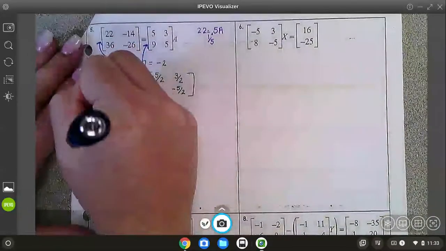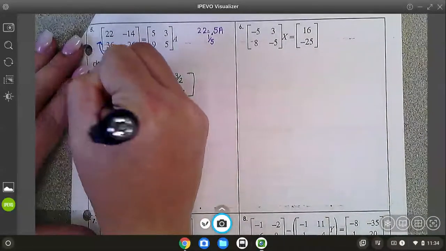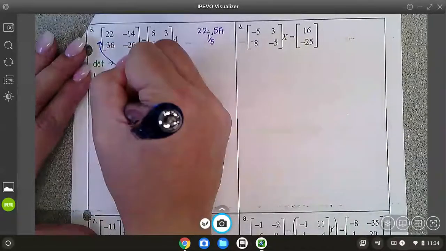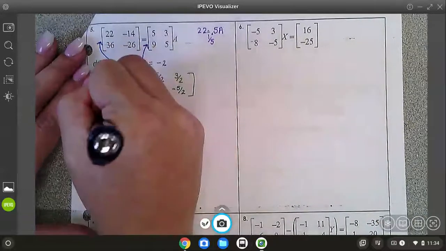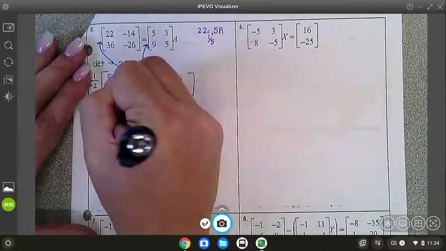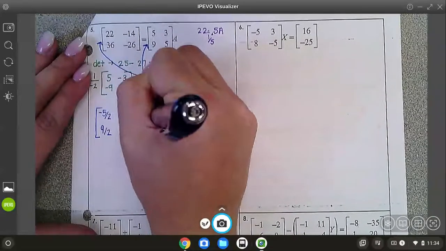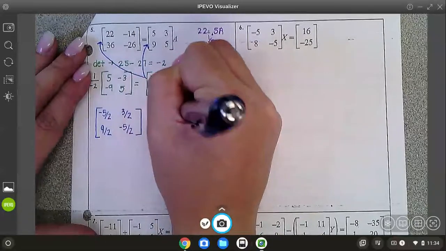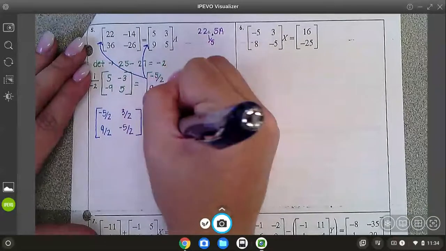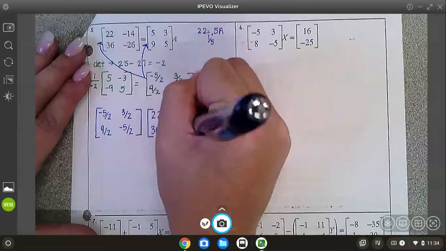So I'm going to multiply negative 5 halves, 3 halves, 9 halves, negative 5 halves by 22, negative 14, 36, and negative 26.